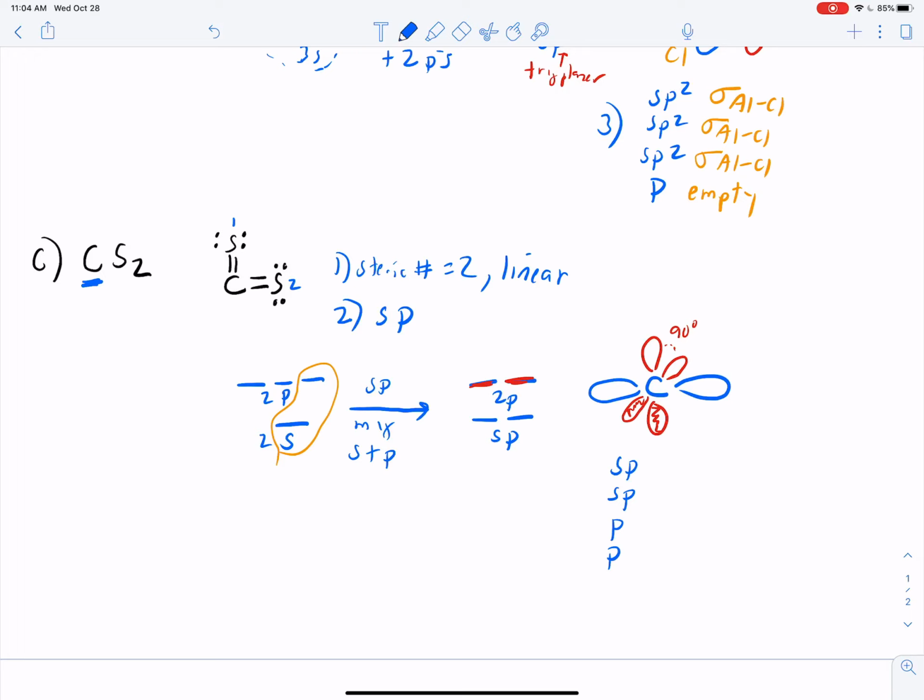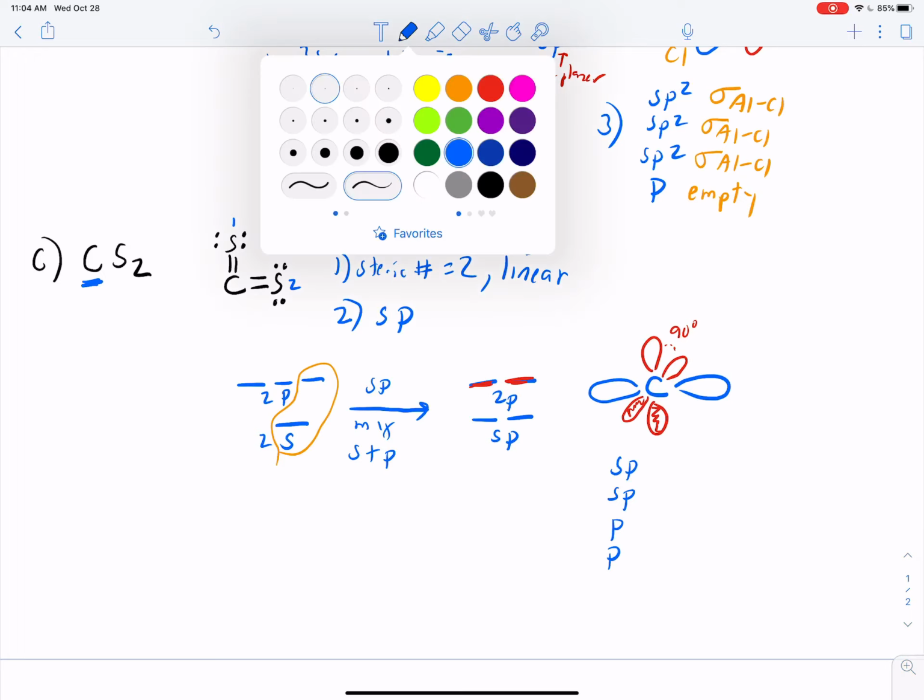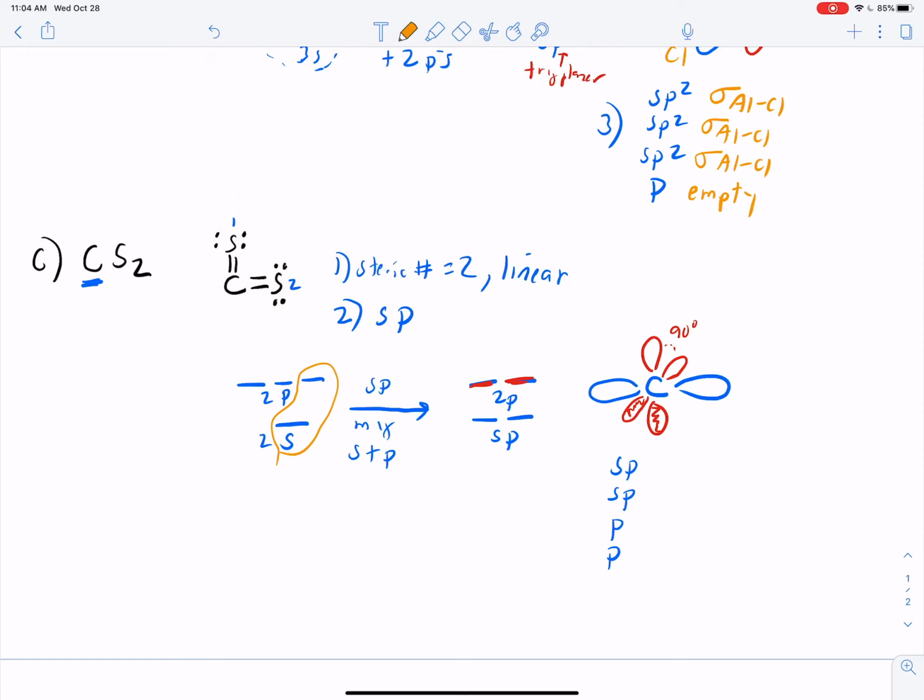What are they doing in this case? Well, in this case, I've got 2 sulfurs that are bonded to carbon. And they're attached to carbon via a double bond. And so the key thing is that I need to find a way to make two bonds between carbon and sulfur, right?